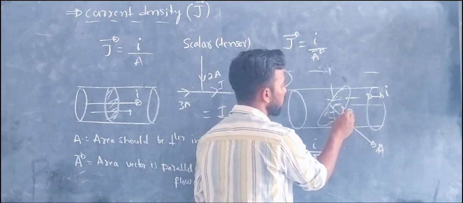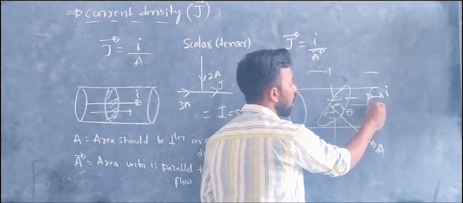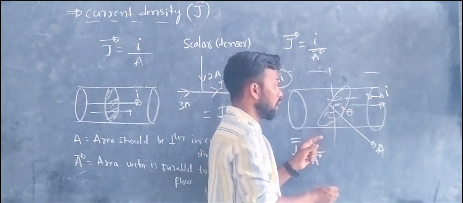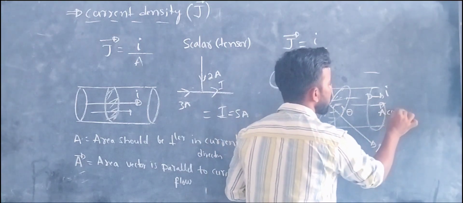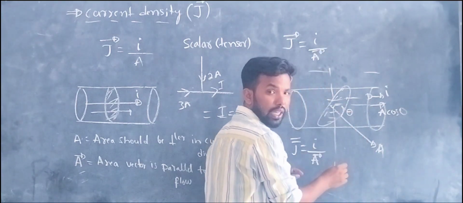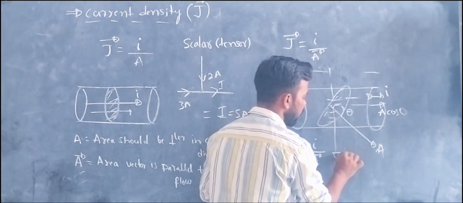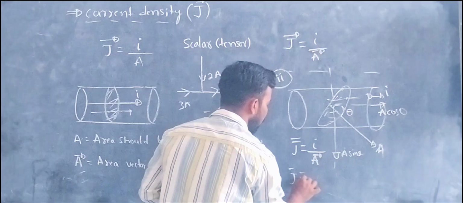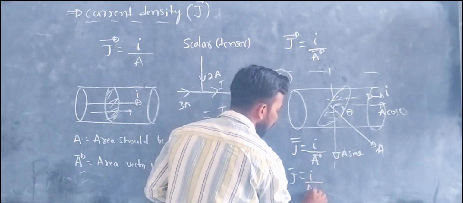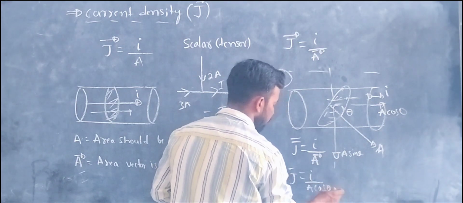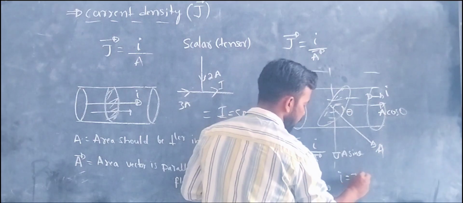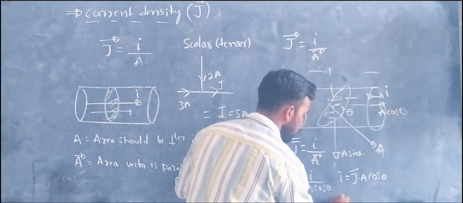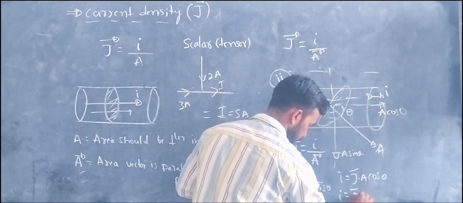If we rotate the surface by theta, the component is A cos theta and A sin theta, so J is equal to I by A cos theta, that is, I is equal to J A cos theta, or I is equal to J dot A.